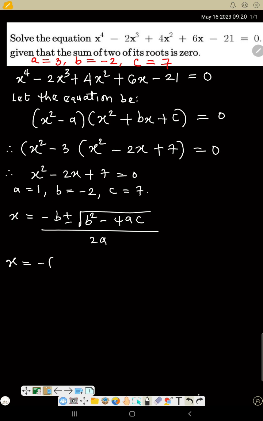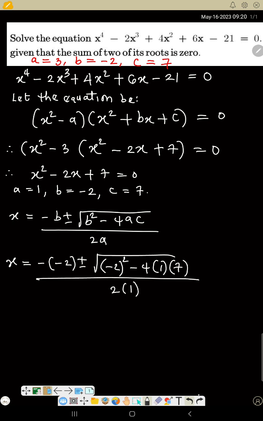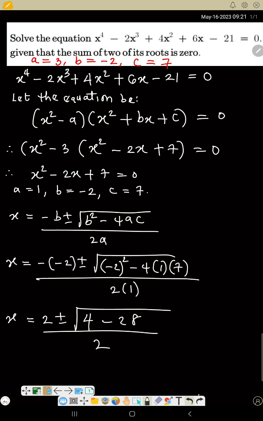So s is equals to minus minus 2 plus or minus square root of minus 2 square minus 4ac everything over 2a. So s is equals to 2 plus or minus square root of minus 2 square, so that is 4. You can watch my video on this quadratic equation using formula method. So 4 minus 28, because 4 times 7 is 28, everything divided by 2.